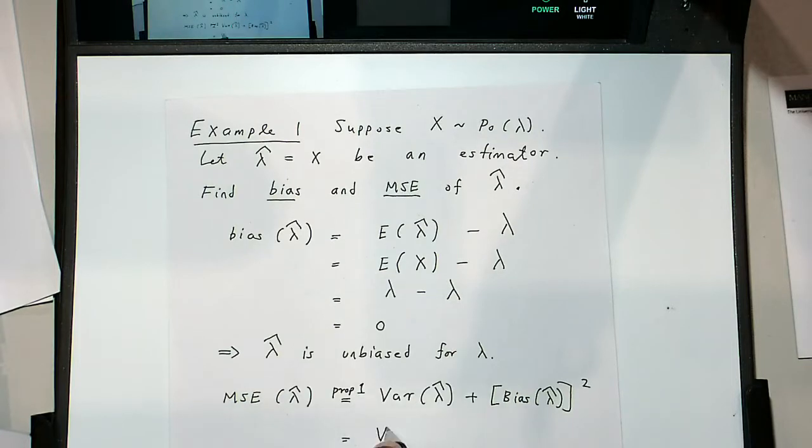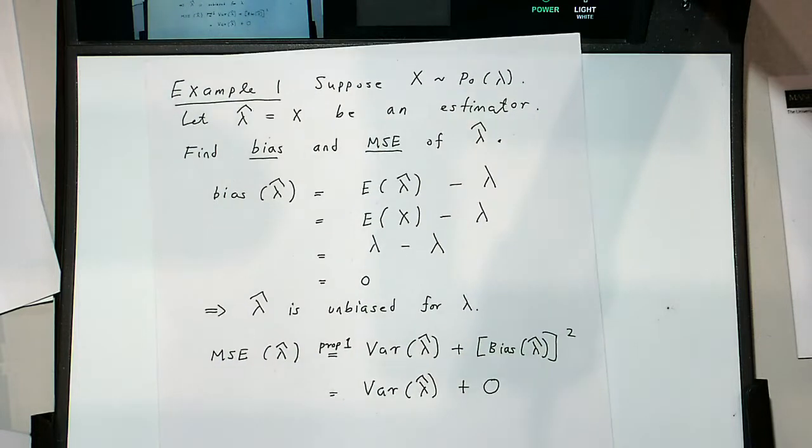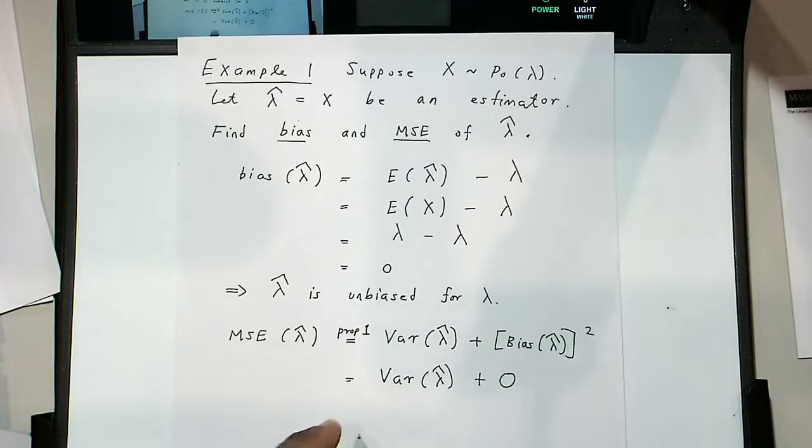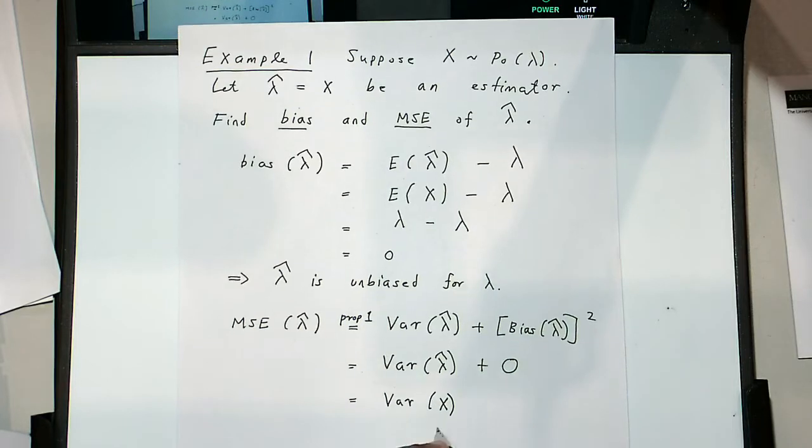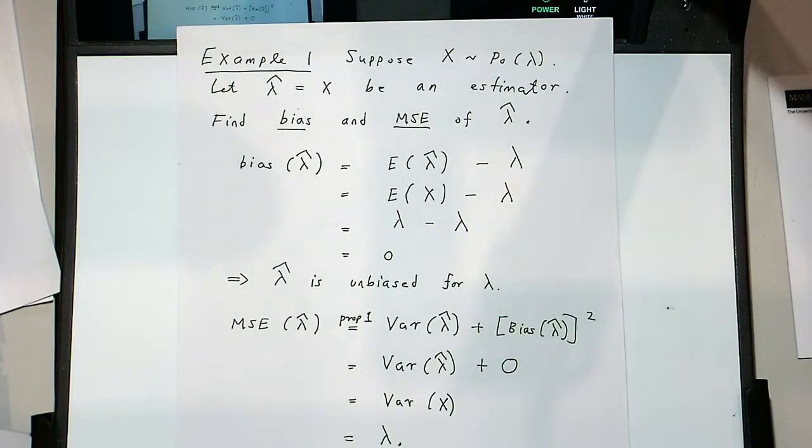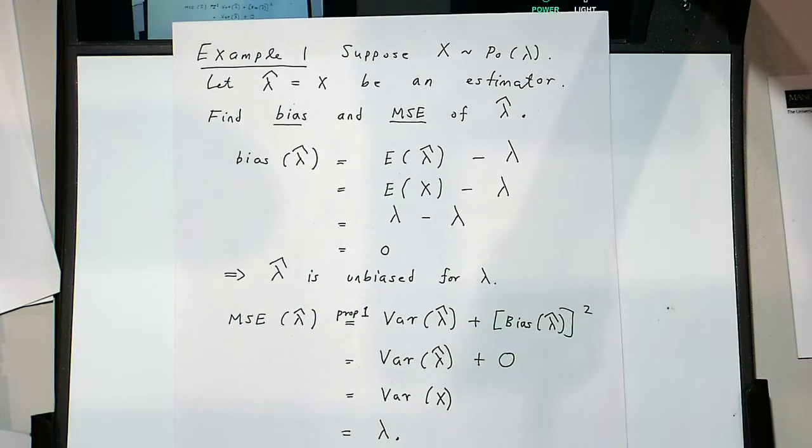So this is going to be the variance of lambda hat plus 0, right? So this is going to be the variance of x, right? Now we know the variance of a Poisson is lambda. All right, so this is an easy example on how to find the bias and the MSE of an estimator, right?